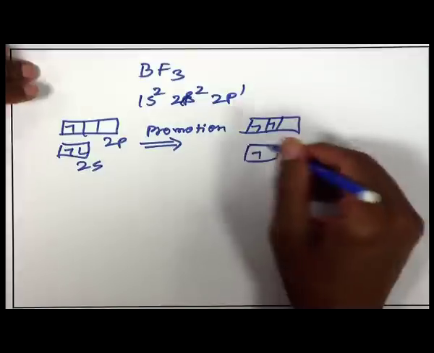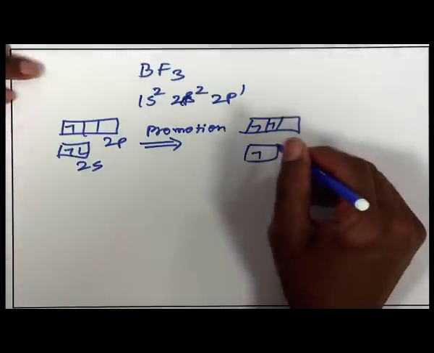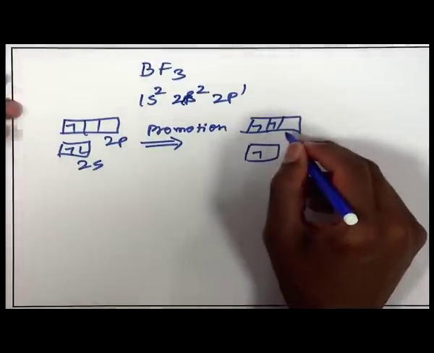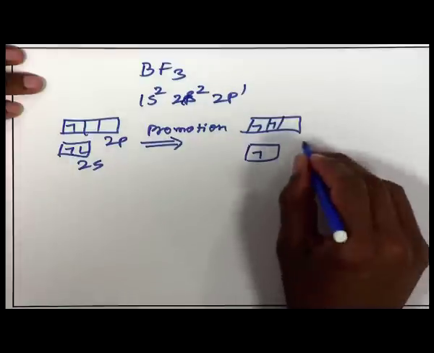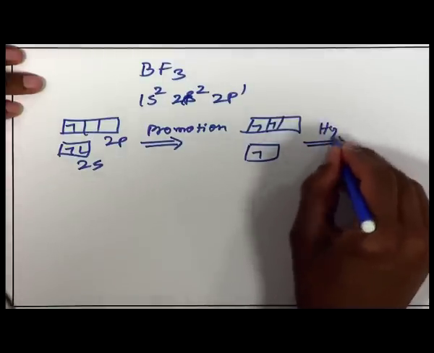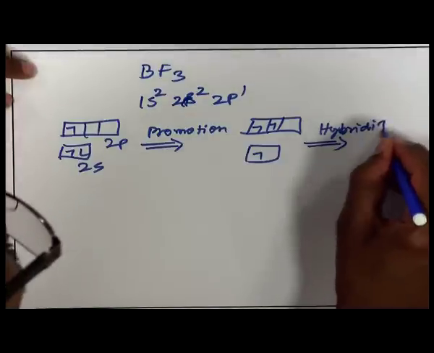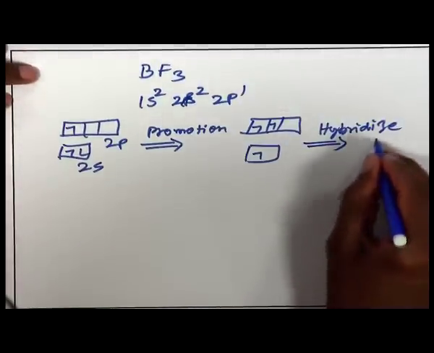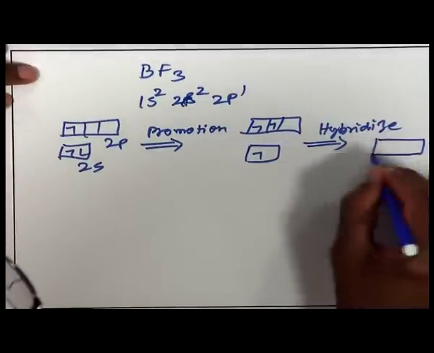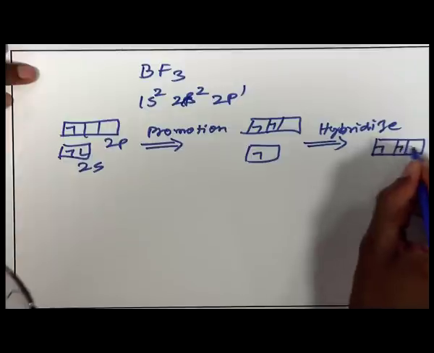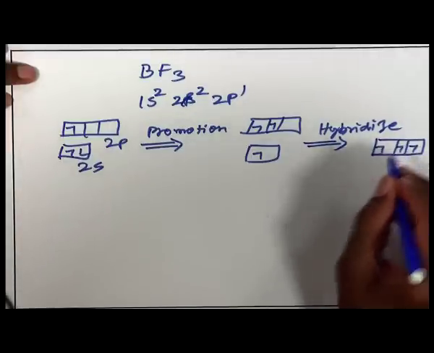So, there are 2 unpaired electrons after promotion, and then they combine and hybridize to give 3 equivalent orbitals, containing 1 electron each.